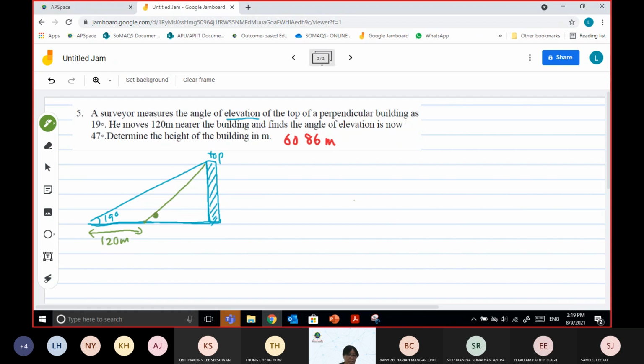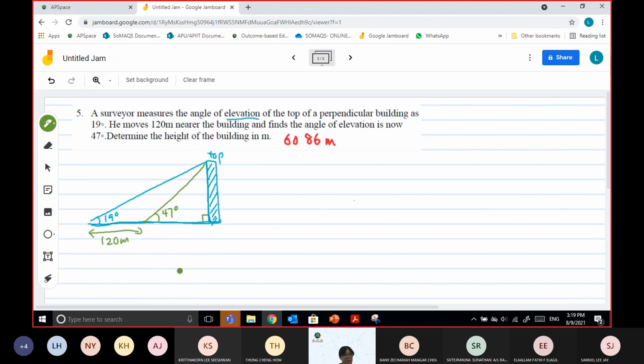Now his position is here, and the angle of elevation is now 47 degrees. Here is 90 degrees. Then you are asked to determine the height of the building in meters.